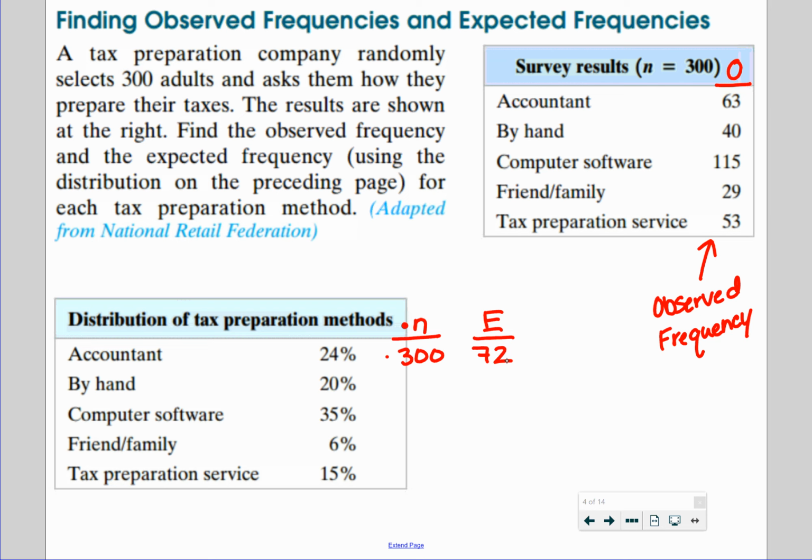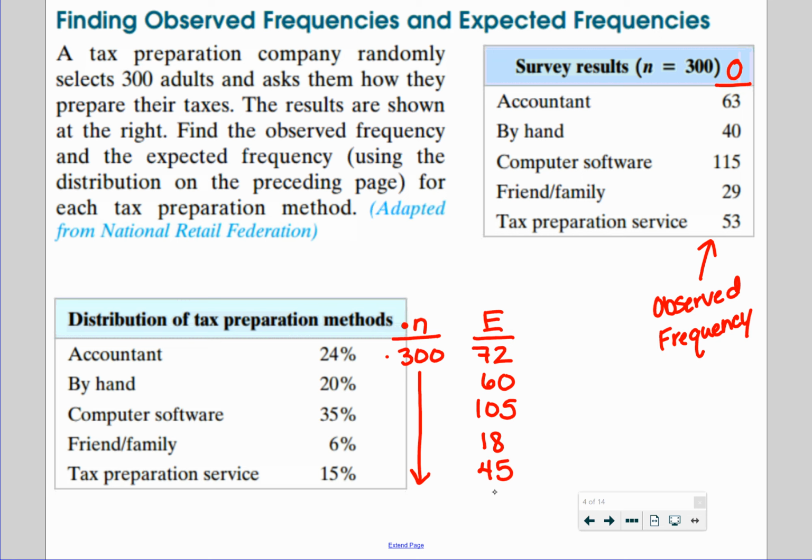Then we multiply all of the other categories by 300 as well. So 0.2 times 300 gives me 60. 0.35 times 300 gives me 105.